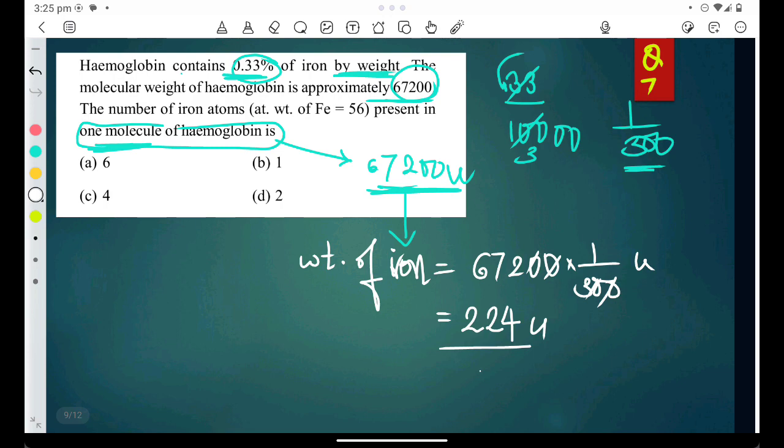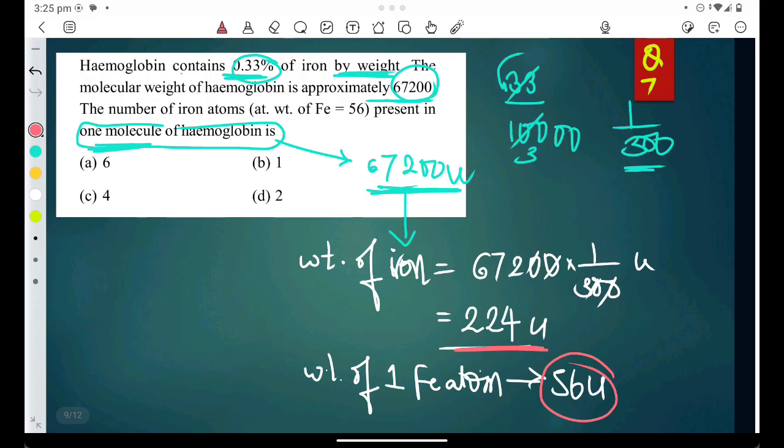This is the weight of iron, and the mass of one iron atom is given to us as 56 U. So in this much, how many atoms are there? We find it by dividing the mass of iron by the atomic mass, and this is going to be approximately 4 iron. C is the correct answer. 4 iron atoms are there in one molecule of hemoglobin.